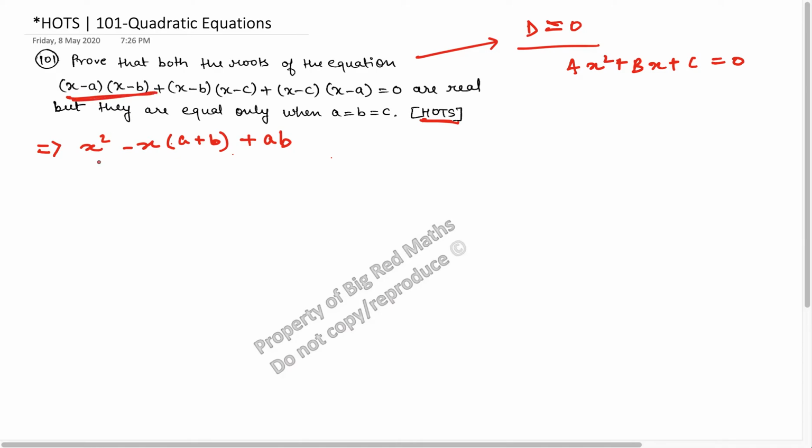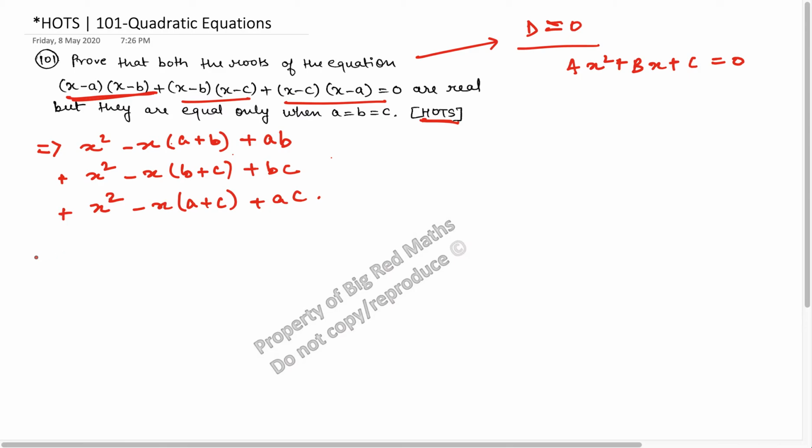For the second term, it will give x square minus x into (b plus c) plus bc. And for the third term, because these three are symmetrical in nature, it will give x square minus x into (a plus c) plus ac. So this is what we get when we simplify the three terms.